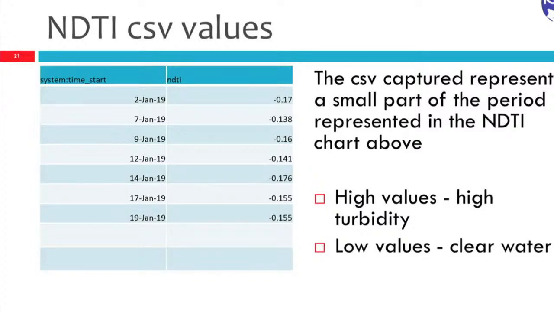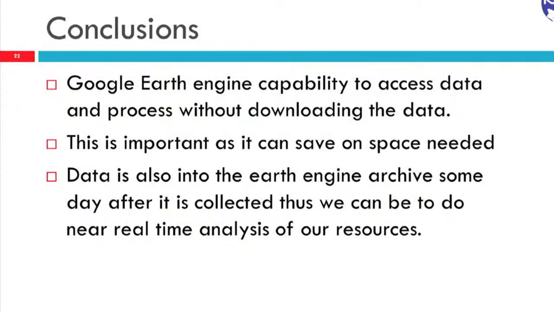You can also get CSV values representing the turbidity rate of all the time since 2019, but we just chose a small file to present because it was a large CSV file. The higher the values, the higher the turbidity rate.